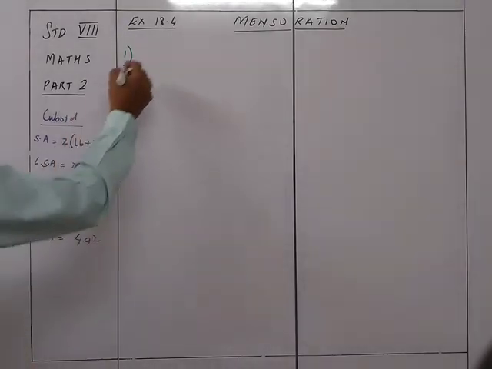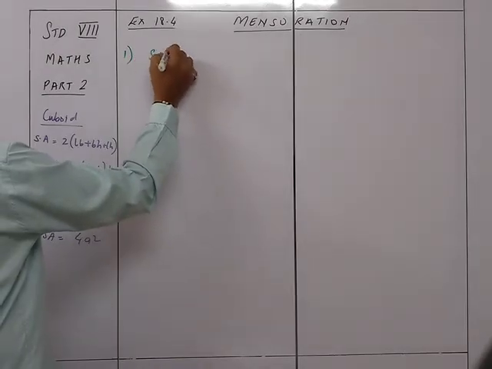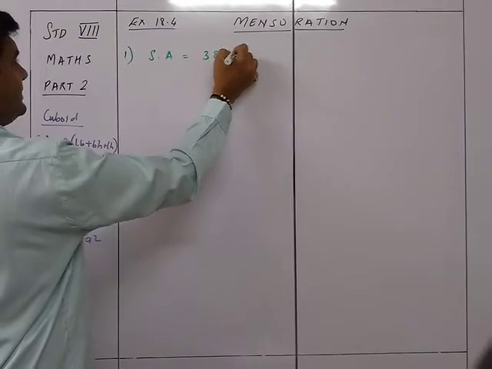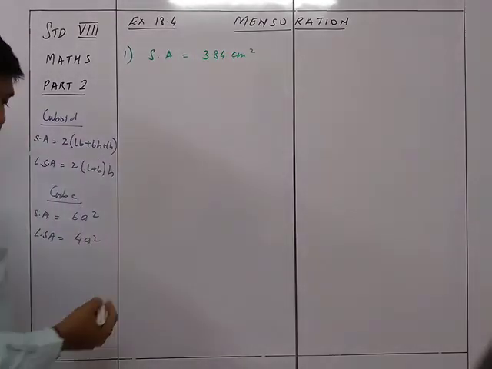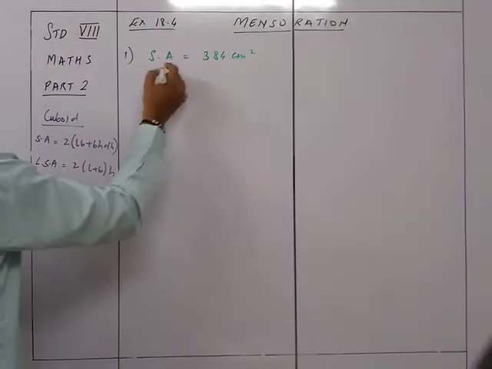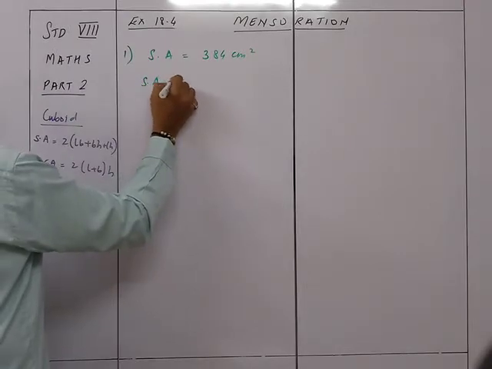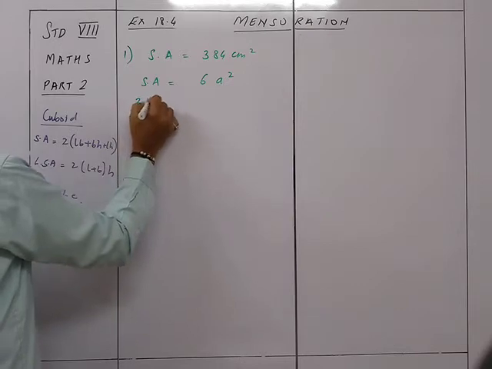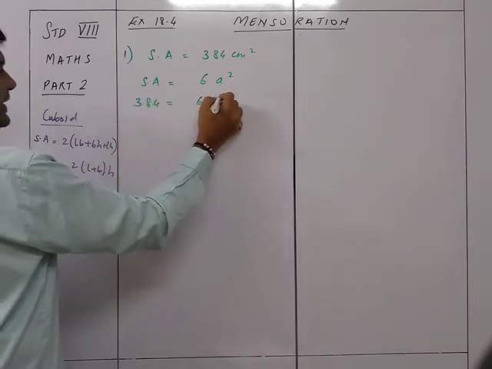So we have over here the surface area is equal to 384 centimeters square of a cube. So we know that surface area is equal to 6A square. So 384 is equal to 6A square.